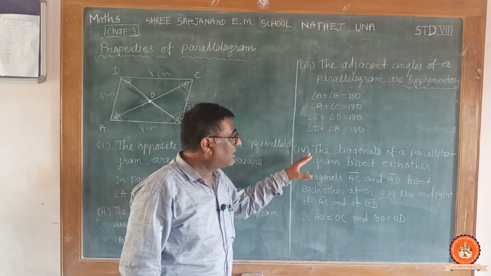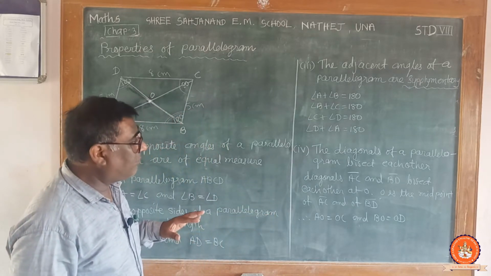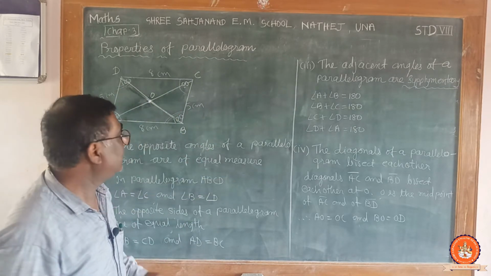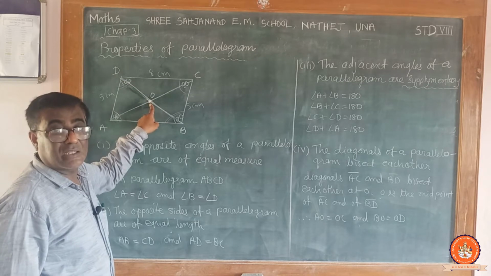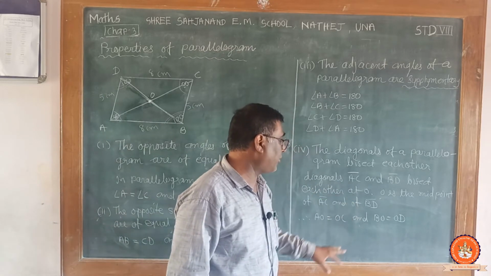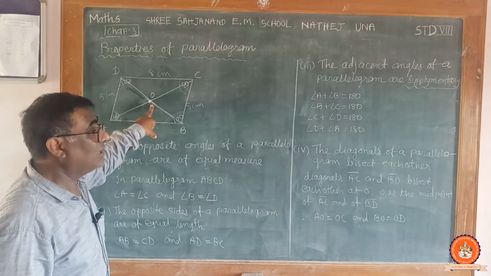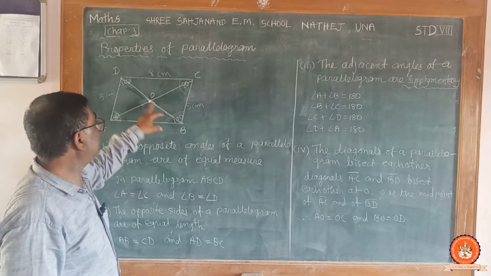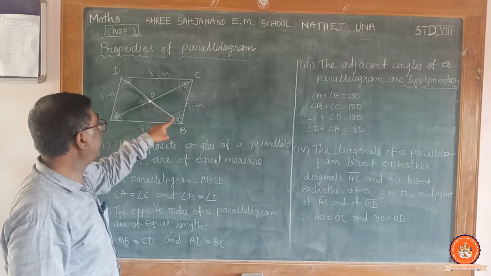And the fourth one, the diagonals of a parallelogram bisect each other. पैरेललोग्राम के जो डायगोनल्स होते हैं वो एक दूसरे को बाइसेक्ट करते हैं, यानी जहाँ पे ये दोनों इंटरसेक्ट करते हैं वहाँ दोनों का मिड पॉइंट होता है. So diagonals AC and BD bisect each other at point O, so O is the midpoint of AC as well as O is the midpoint of BD.